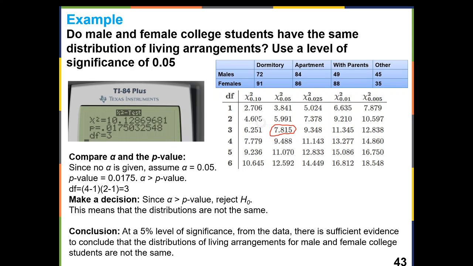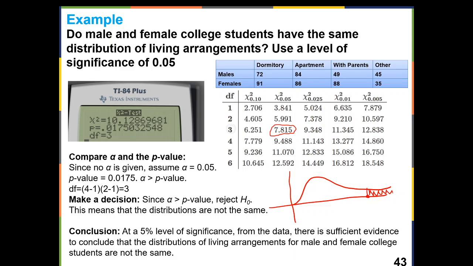So if you were to do this with a table, then you would have to set up a rejection region. And since this is 5%, you would have to find a number from the table that has 5% to the right of it. And those numbers are given in tables like this one, right here.